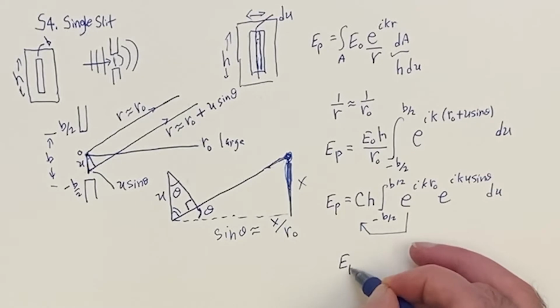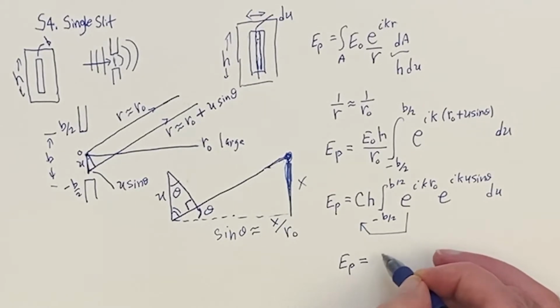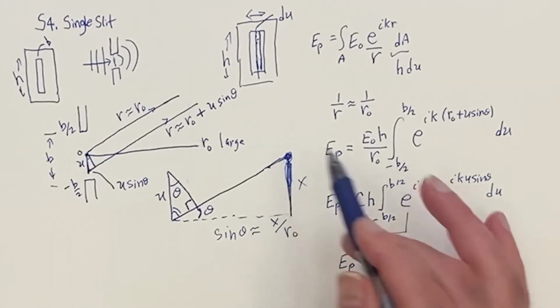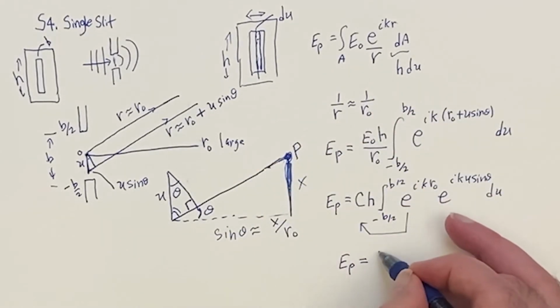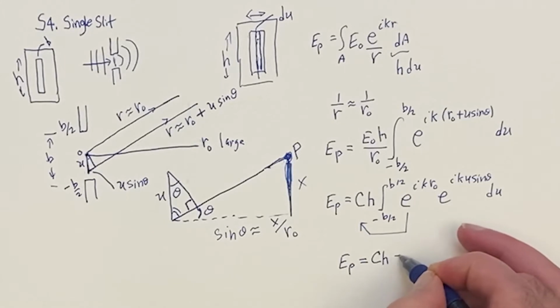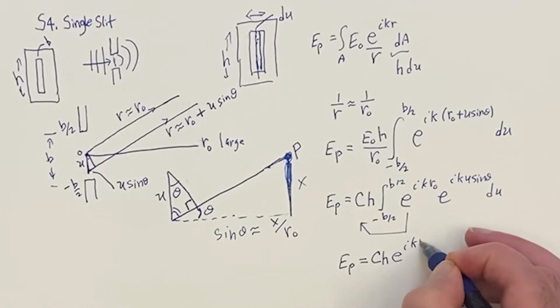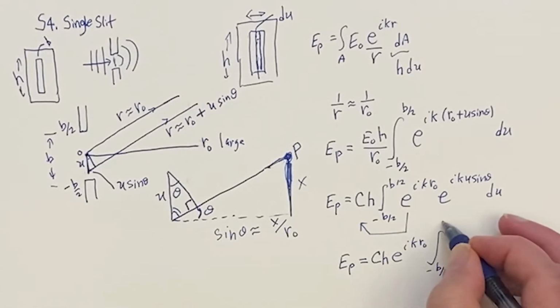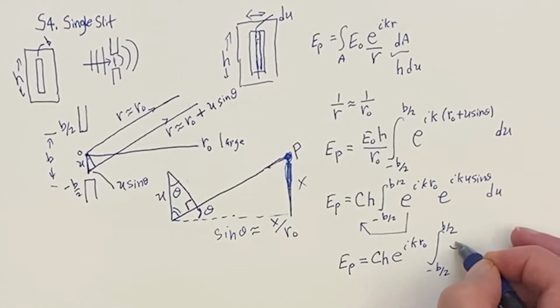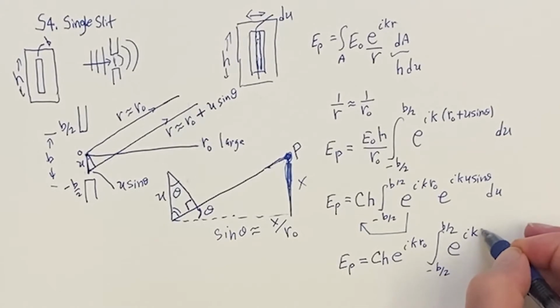So then the electric field strength at the point P on the screen, far away, is C h e to the i k r naught times the integral from minus b over 2 to plus b over 2 of e to the i k u sine theta du.